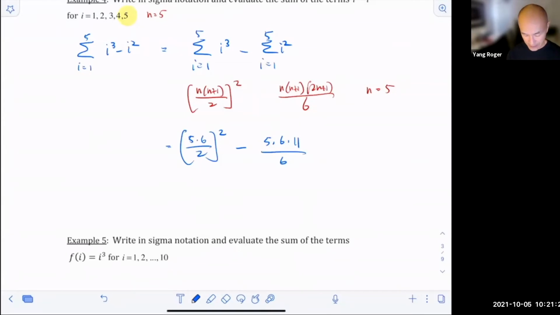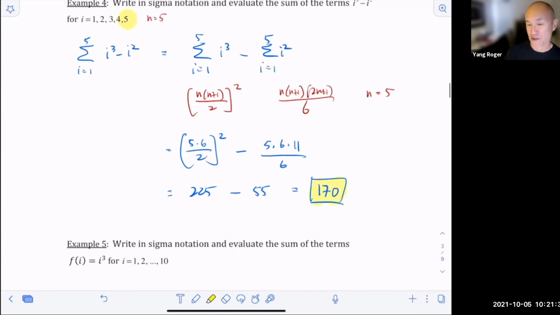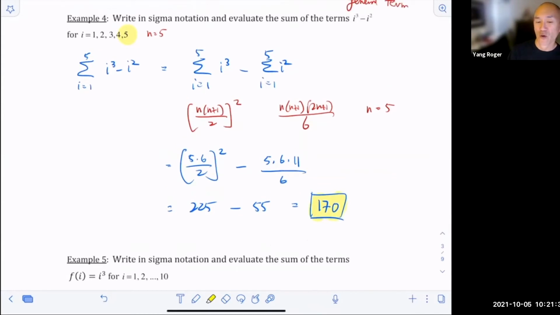And this is going to give us 225 minus 55, which gives us a final answer of 170. So that's example 4.